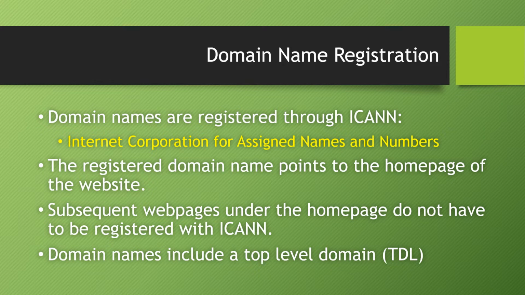So they're assigning the name to the DNS server so it can be located, and that's the organization that controls that. Other websites under that domain name do not have to be registered, just the top one. So that's called a top level domain. And we'll look at that a little closer now.